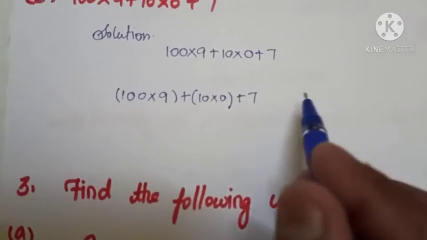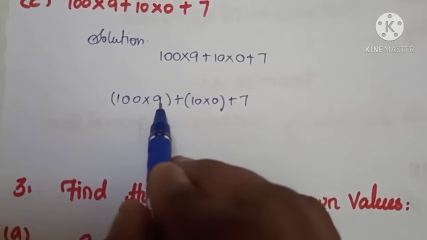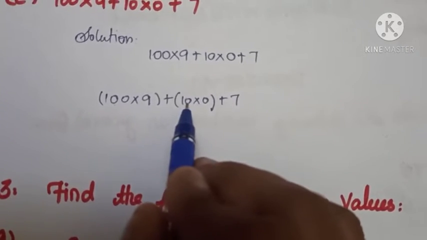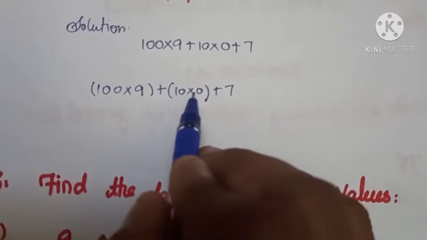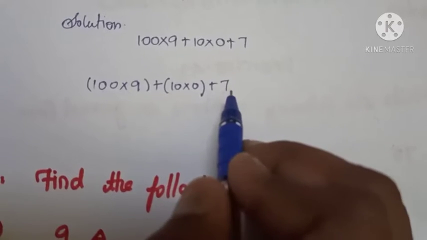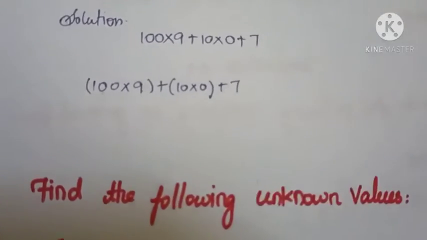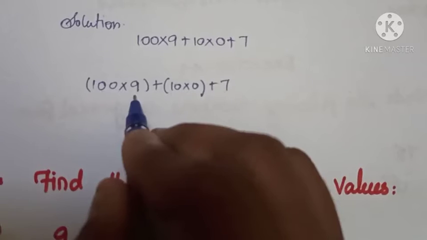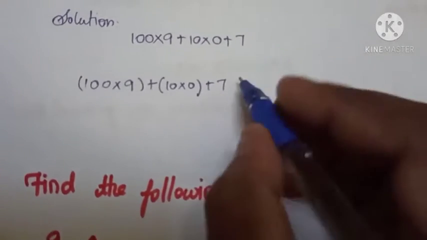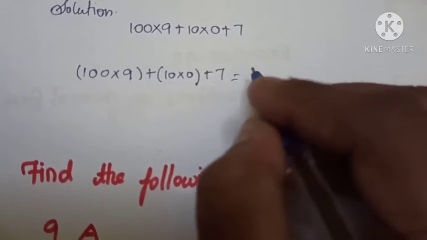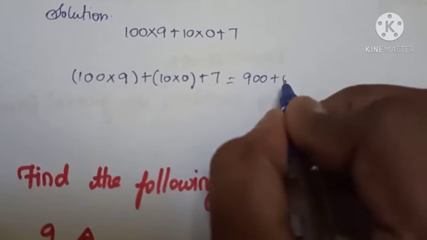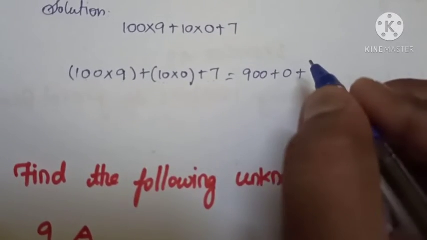It is the place value. You see 100 into 9, so 9 is in the hundreds place. Then 0 into 10, so 0 is in the tens place. And then 7 separately, so 7 is in the ones place. So directly you can take the hundreds place as 9, the tens place as 0 and 7 in the ones place. But if you want to write the procedure: 900 plus 0 plus 7.